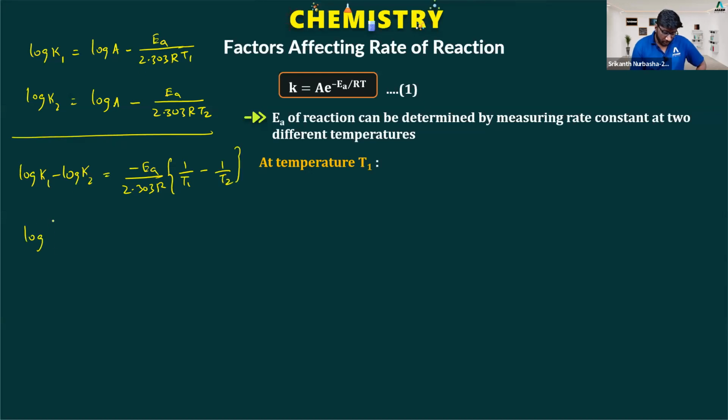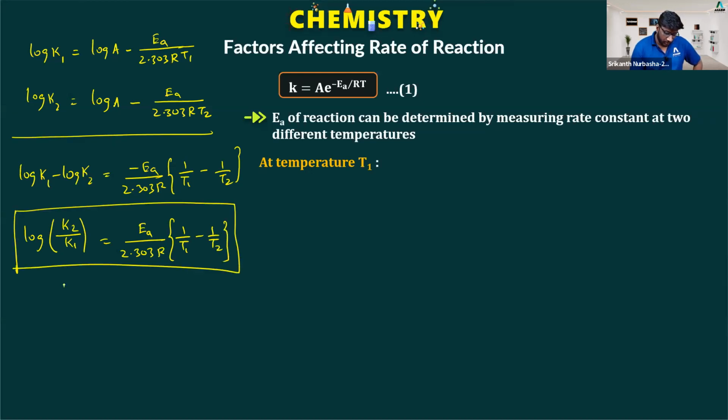So if I take the logarithm to the other side, it becomes minus log K1 plus log K2. That is, logarithm of K2 by K1 is equal to Ea by 2.303 R into 1 by T1 minus 1 by T2.